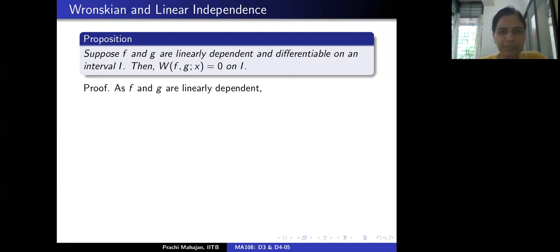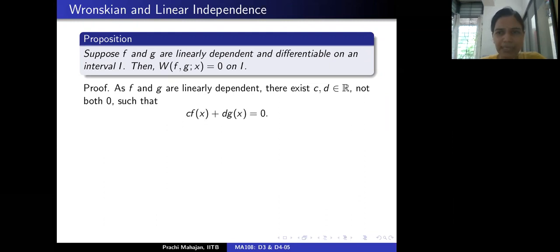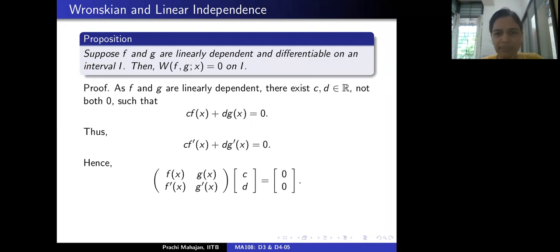Suppose we are given that f and g are linearly independent, which means there must exist scalars C and D, not both 0, such that C times f plus D times g equals 0, and this should hold on the interval I. Since the first equation is valid throughout I, let's differentiate. I get C times f' plus D times g' equal to 0 throughout the interval I.